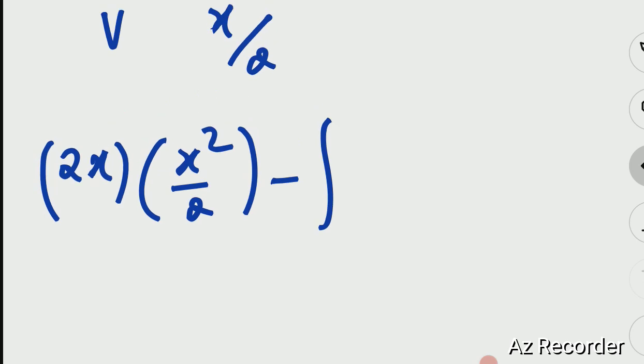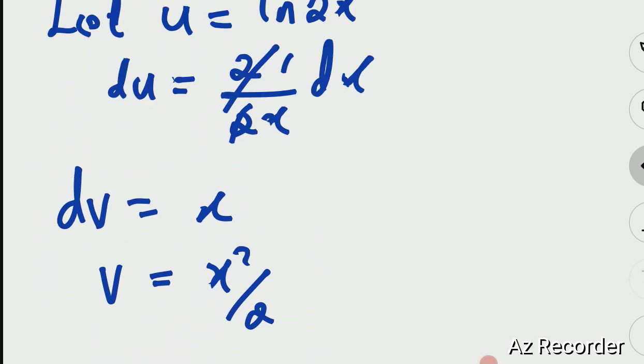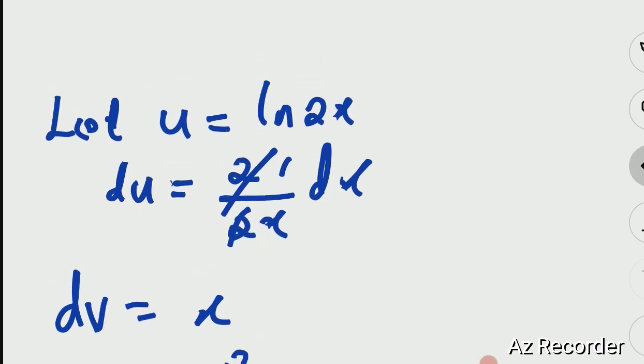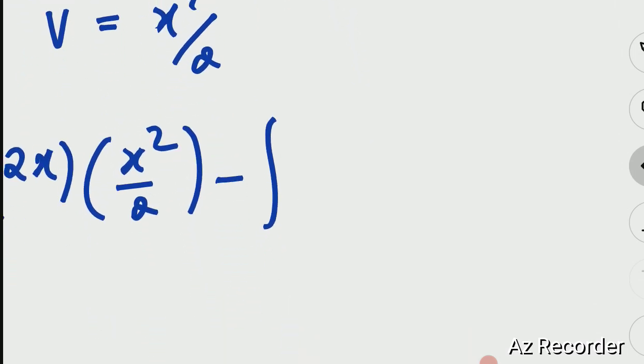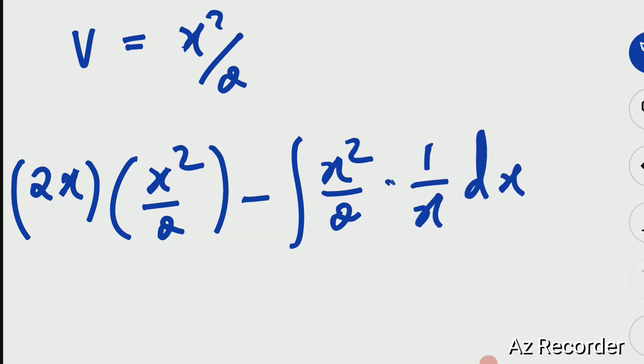Our v is x squared on 2, times du. Our du is 1 on x. So we have the integral of x squared on 2 times 1 on x with respect to dx.